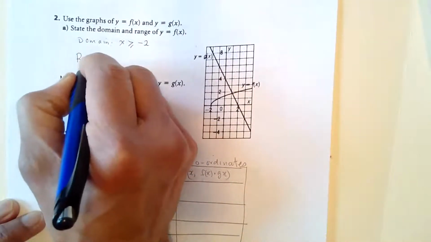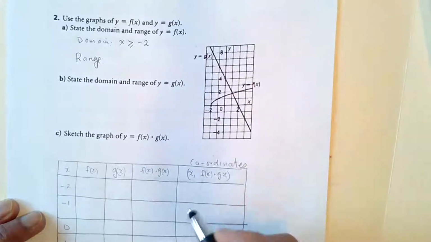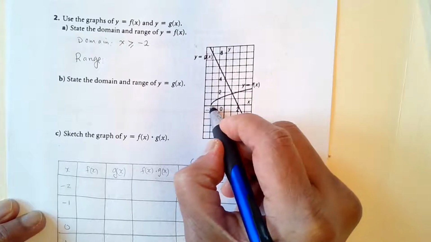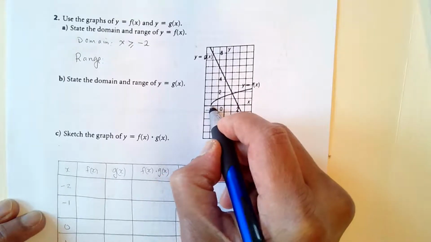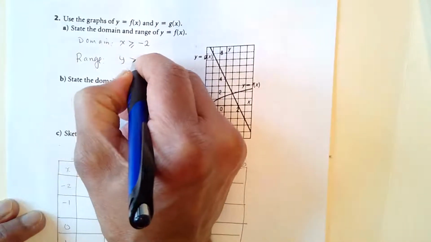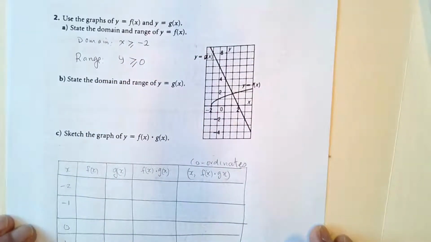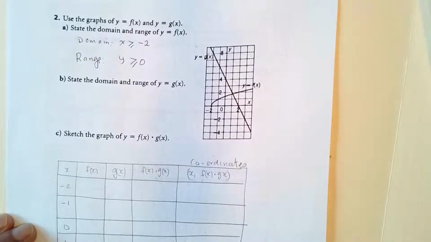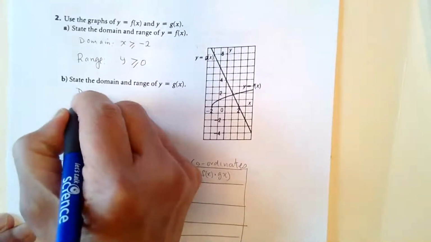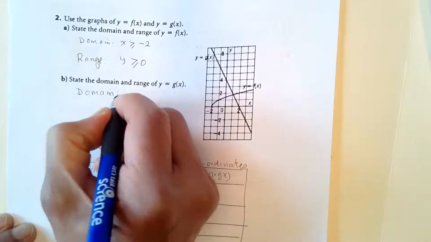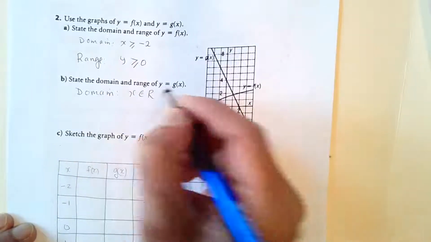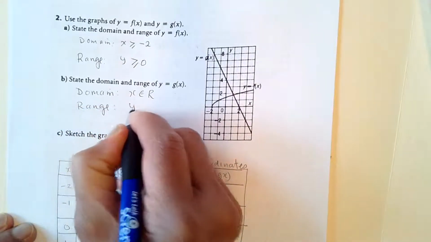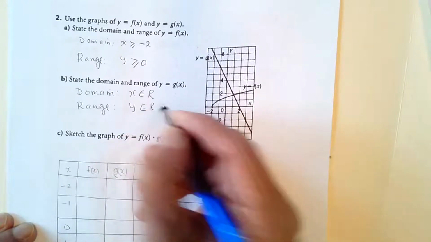The range would be from 0 to infinity because it doesn't go below y equals 0. So we can say y is greater than or equal to 0. Now g of x, which is a straight line with a negative slope, the domain has no restriction. So we say x is a set of real numbers, and the range is also a set of real numbers.